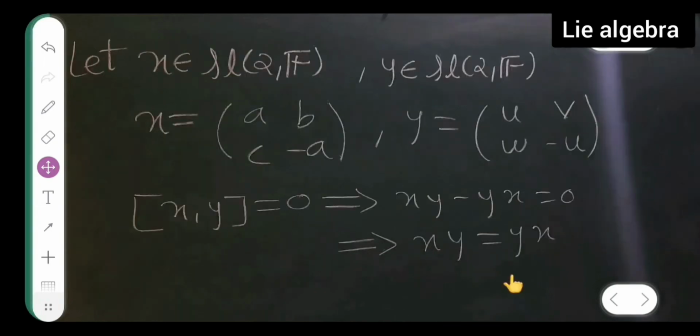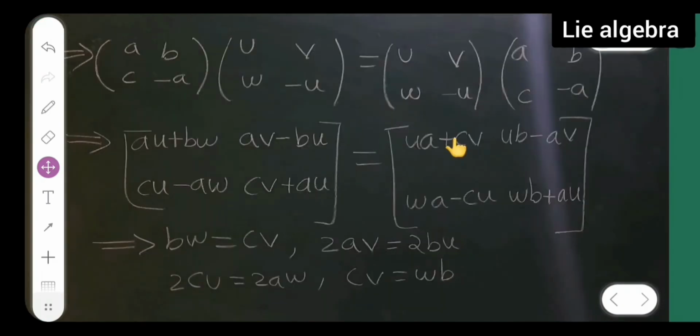Now this is XY. Here, this into this is equal to Y into X. I'll take it to the other side. Now XY is equal to YX. So now I have to multiply this into this.